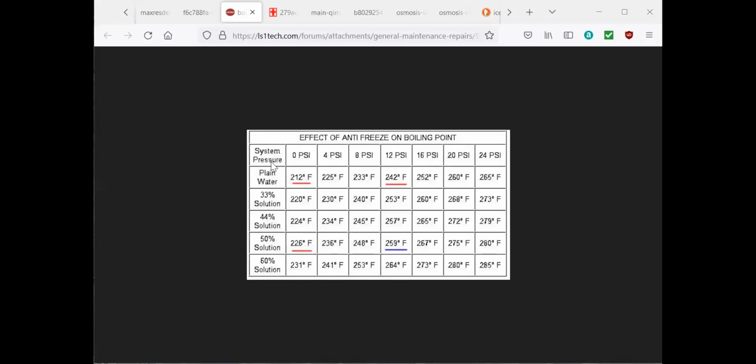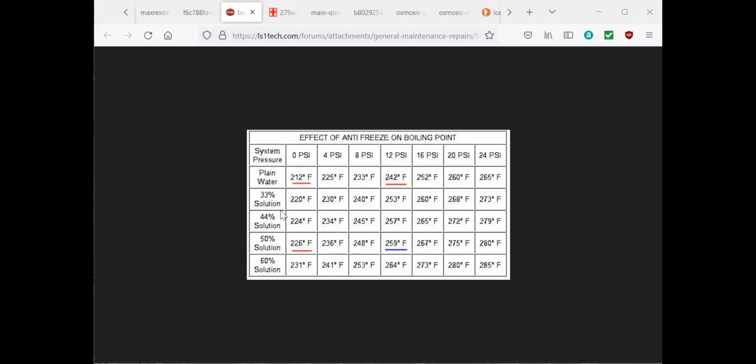Okay, so here, let's just take a look at a system pressure of 0 psi. So there's no difference, it's 1 atmosphere. The pounds per square inch is how much higher my pressure is. I apologize, the chart that I have is in degrees Fahrenheit. So with just pure water, the boiling point is 212 degrees Fahrenheit or 100 degrees Celsius.